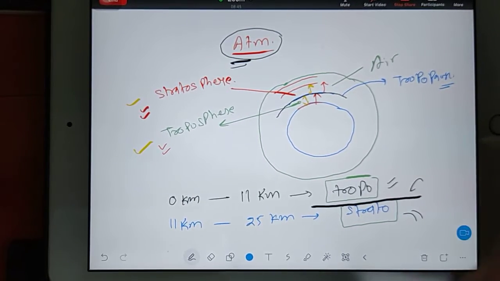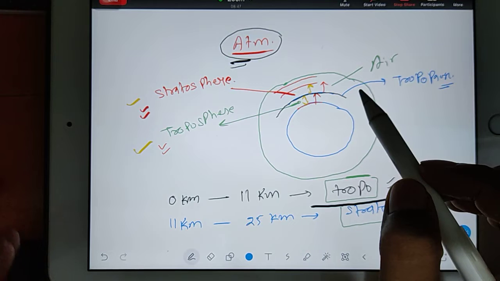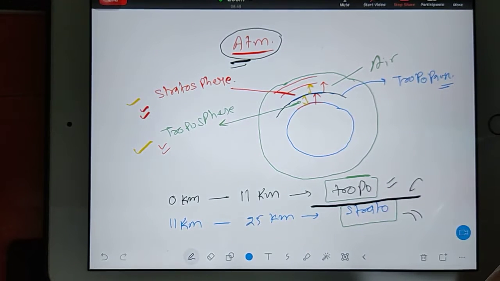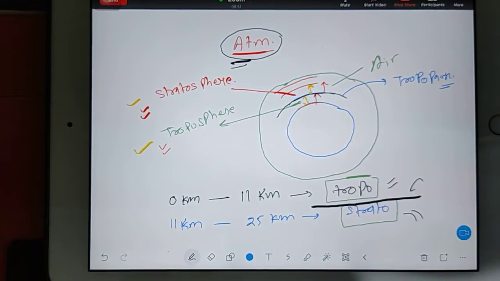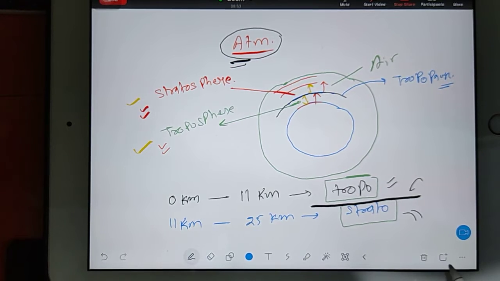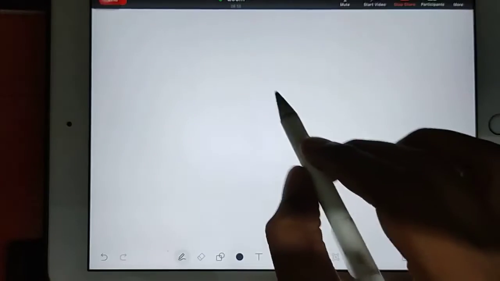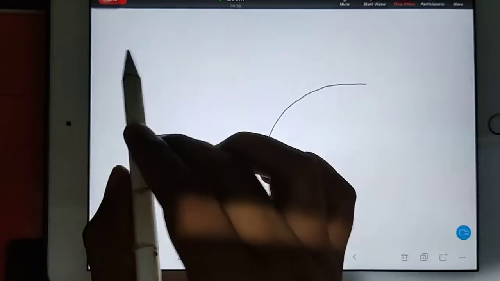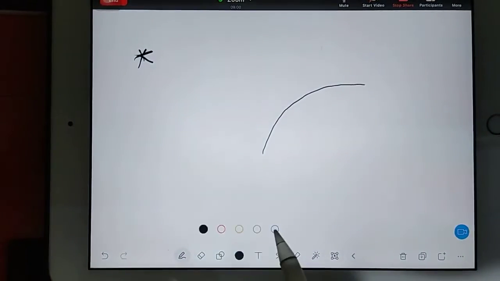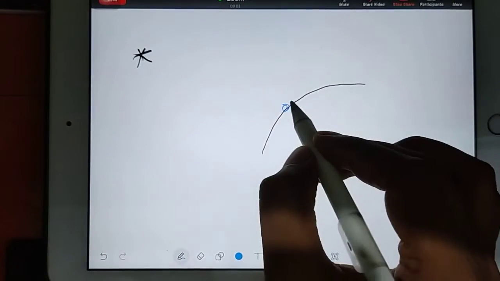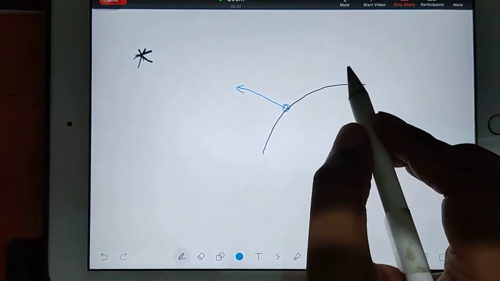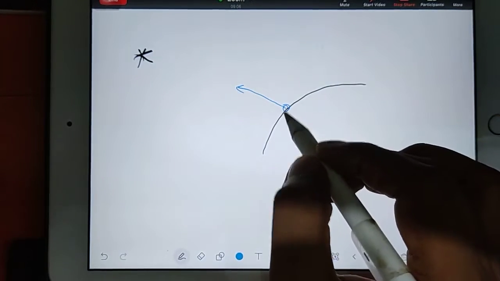Okay. So as a basic student, without knowing science, if you ask a general person one question: suppose this is the earth and here you have the sun, and from mean sea level you are going towards the sun, then what will happen to the temperature?